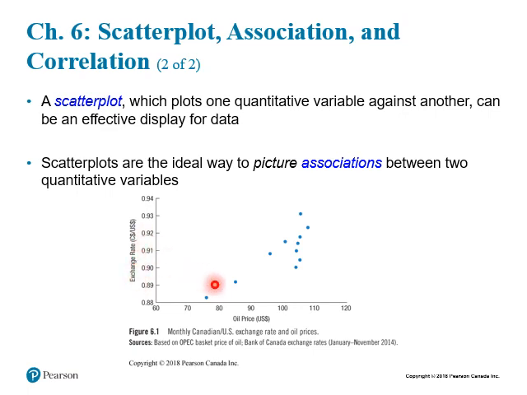You can immediately get information from this graph by saying it suggests a clear positive association or relationship between the two variables X and Y, which means when the oil price increases, this is also associated with an increase in the exchange rate between the Canadian and the US dollars.